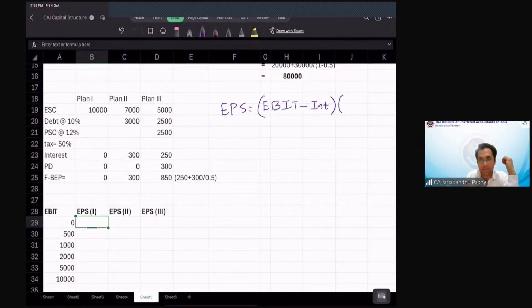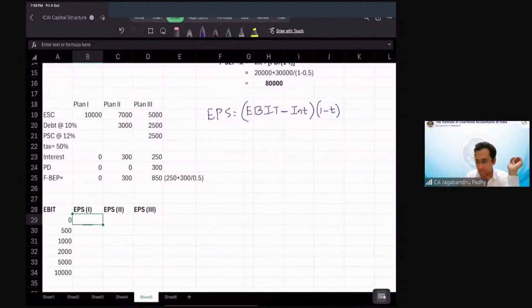Now we can make this after tax by simply multiplying it with 1 minus t to arrive at the after-tax figure. From that we subtract the preference dividend and then we divide it by the number of equity shares, correct?